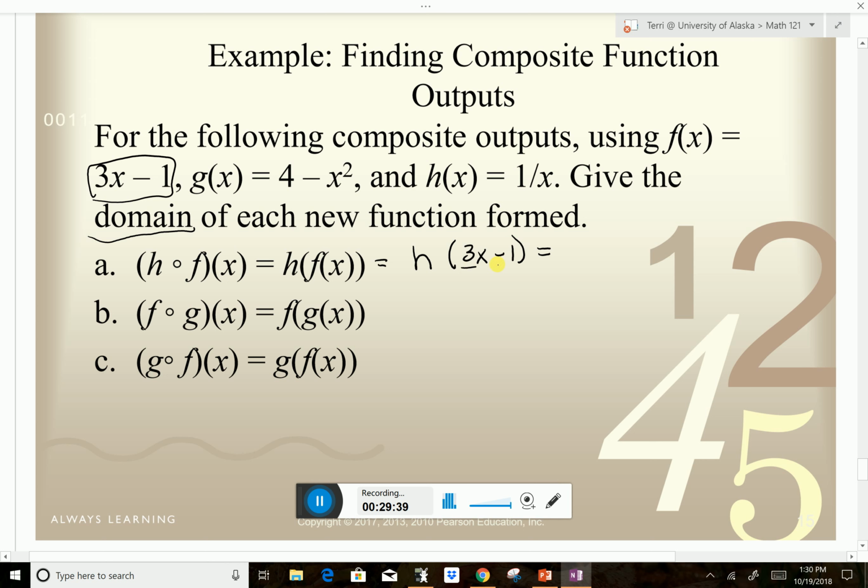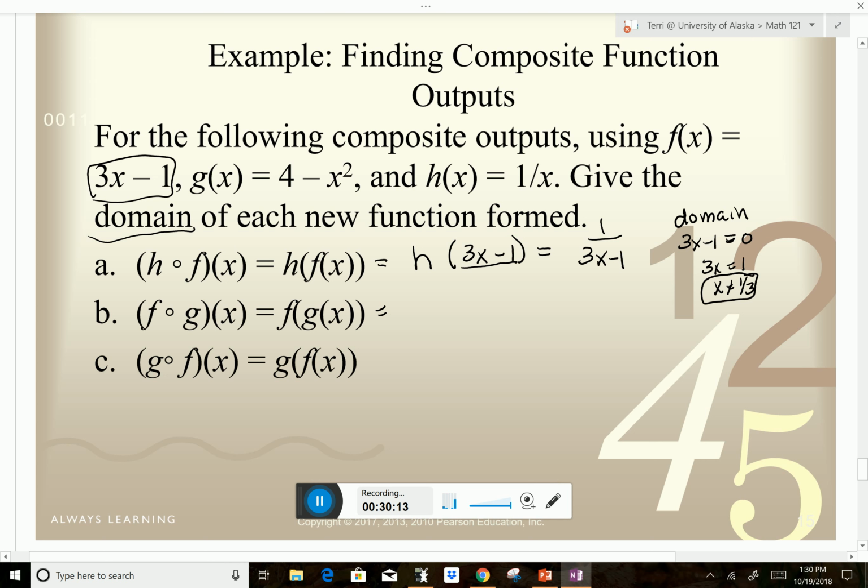So we just want 1 over this, 1 over 3x minus 1. And if we look at the domain of this new function, we can see something here. The denominator can't be 0, so 3x minus 1 equals 0, so 3x equals 1, x equals 1/3. So the domain is all real numbers except for 1/3.